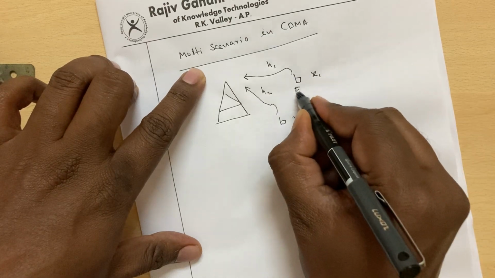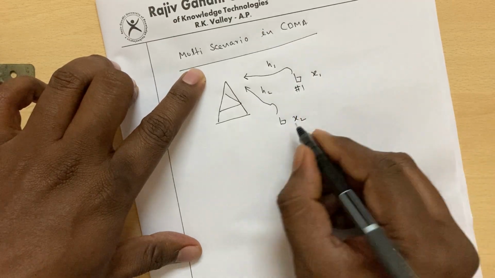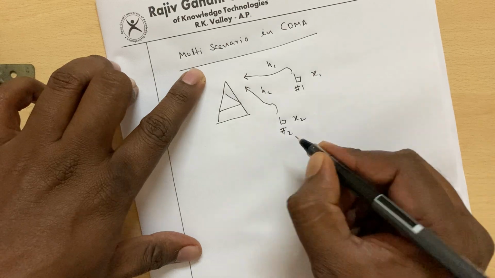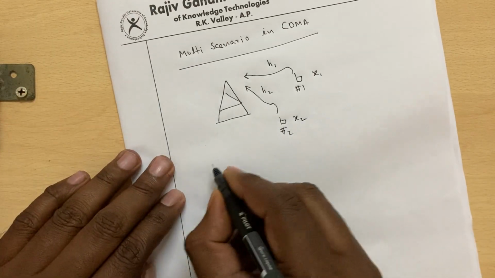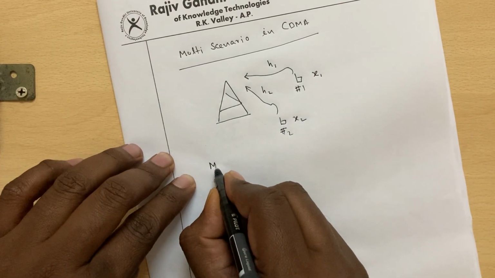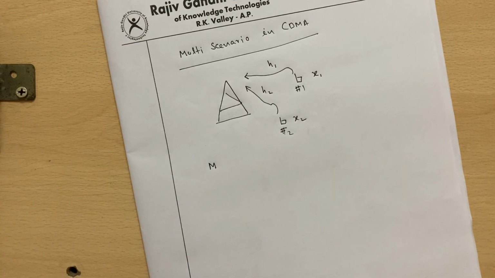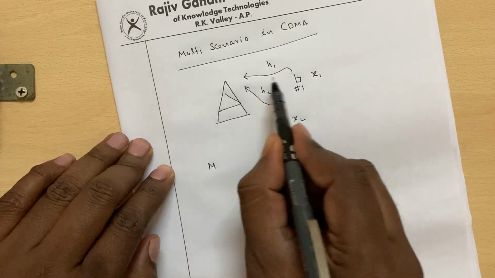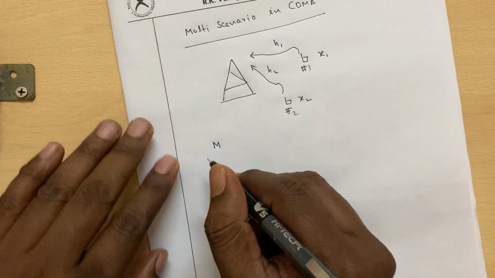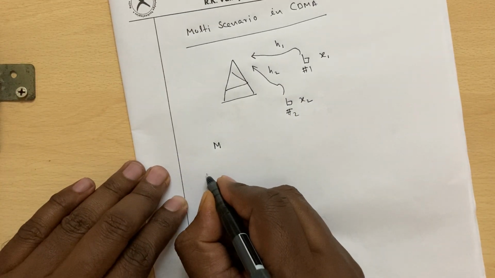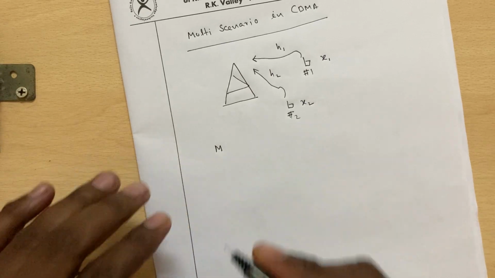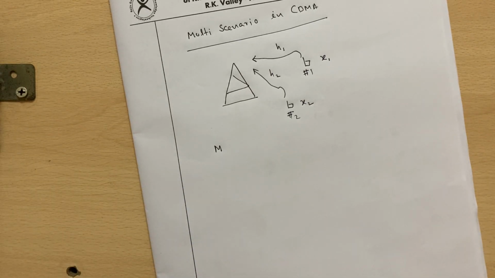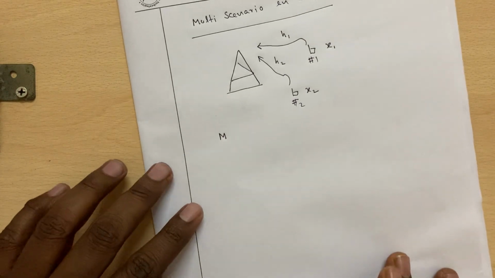If this is user 1 and this is user 2, and like that there are m number of users present, in detecting, say, the ith user signal, how the remaining users will act as interference in decoding the ith user symbol, that we are now going to discuss.